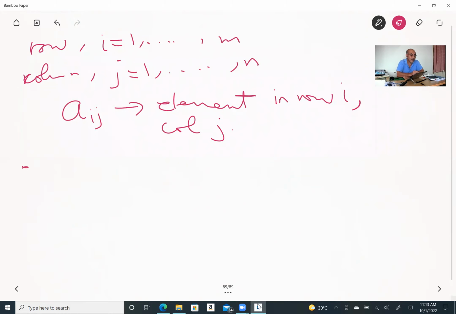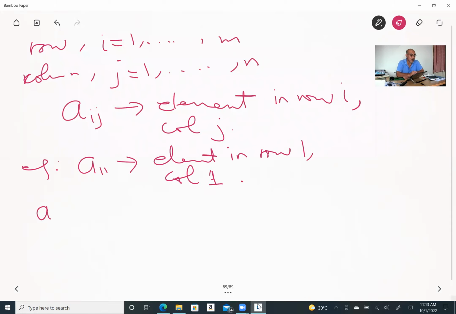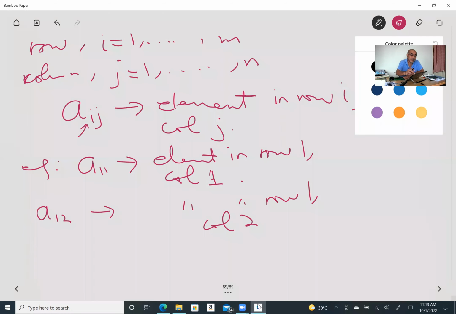So for example, if I have A11, what does it mean? It means the element in row 1, column 1. If I have A12, what is it? It's the element in row 1, column 2. So the first number is the number of the row.